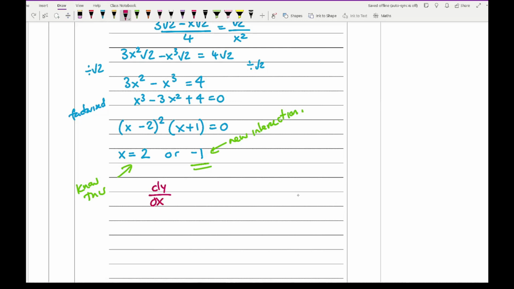I want to work out the gradient of the tangent at that particular point when x equals minus 1, and that's going to equal minus 2 root 2 over minus 1 cubed, which equals 2 root 2. So this value here is the gradient of the tangent at the new intersection point.